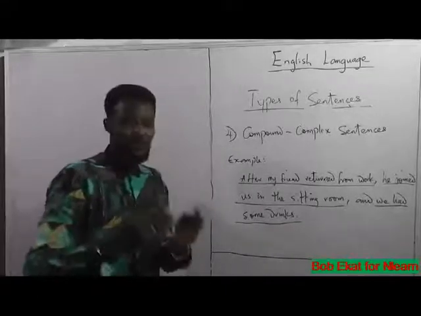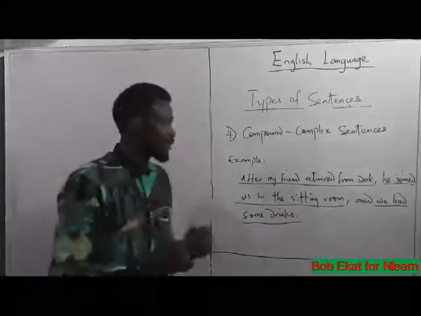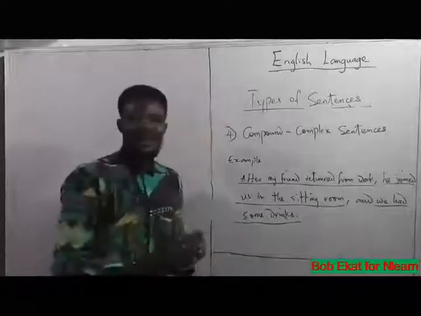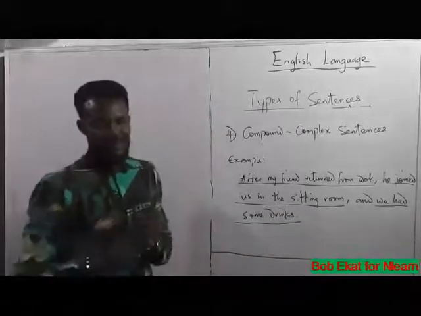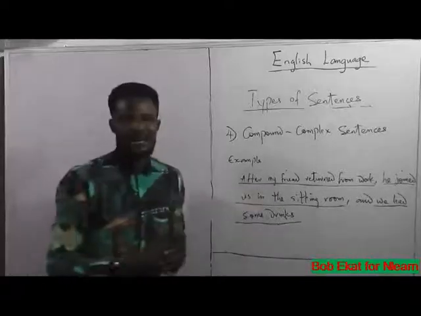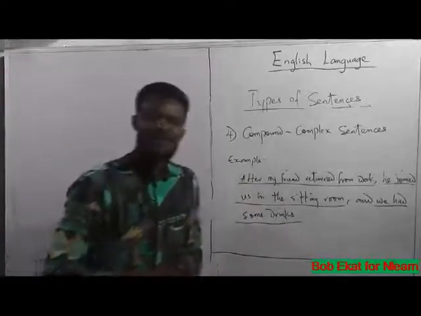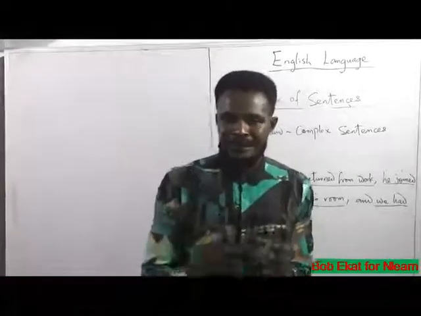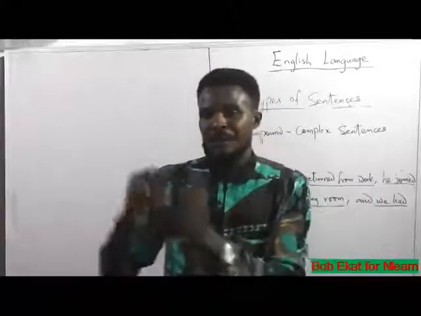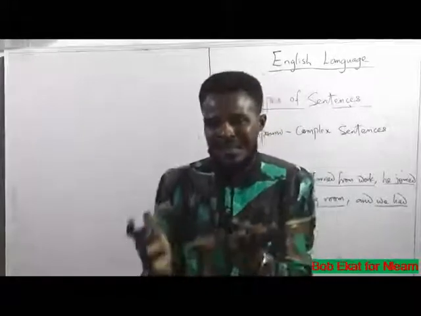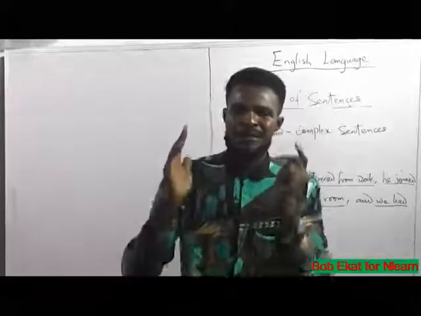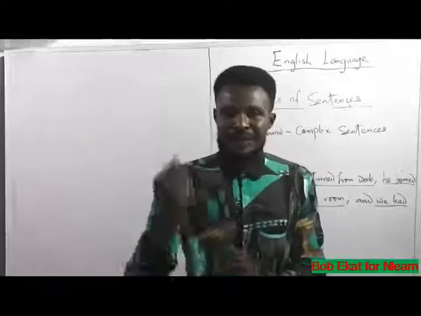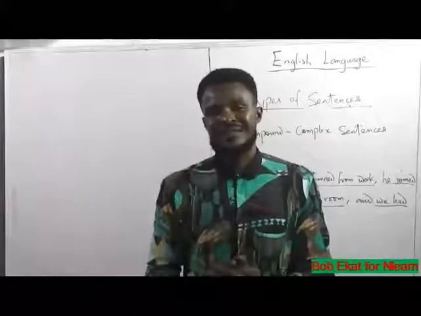After my friend returned from work, he joined us in the sitting room and we had some drinks. This and this are two independent clauses, and this first clause here is a dependent clause. And remember the formula: when you have two independent clauses and one or more dependent clauses, that sentence is a compound complex sentence. With this, we've come to the end of types of sentences.